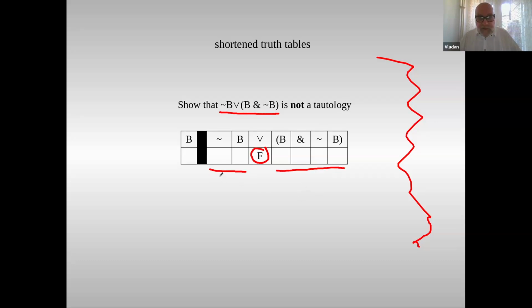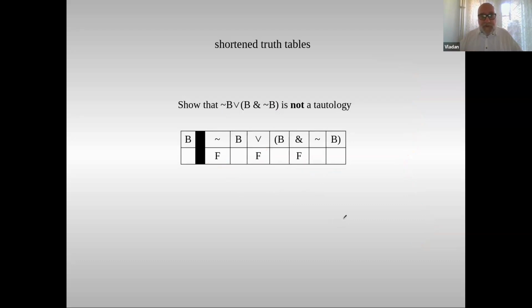And where do I put their truth value? It's here, because here is the main connective for the left disjunct, and here is the main connective for the right disjunct. We said both need to be false, so we will have this.